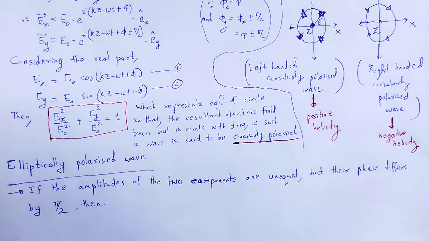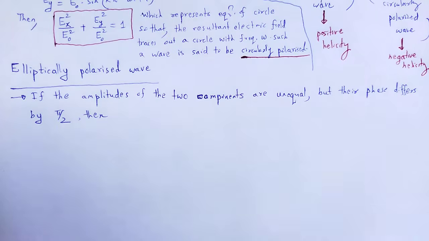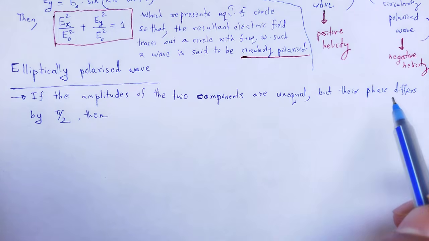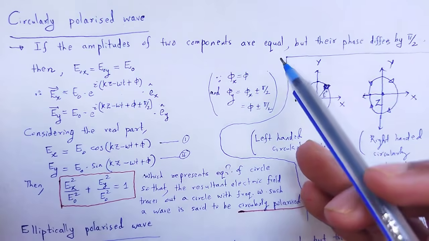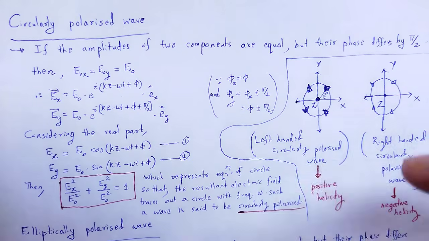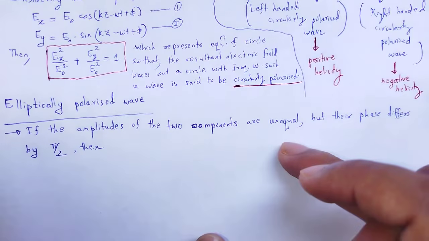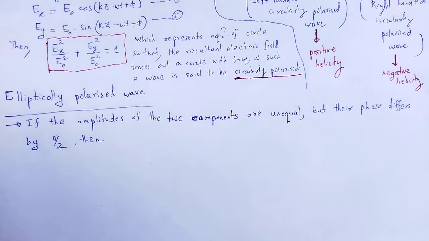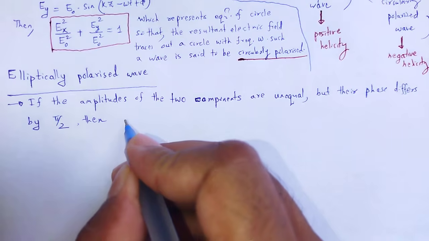Next type of polarization, elliptically polarized wave. If the amplitudes of two components are unequal, but their phase differs by pi by 2. Here the amplitudes are equal, but phase difference is pi by 2, then it is called circularly polarized. If the amplitudes are different, but the phase differs by pi by 2, then we obtain an elliptically polarized wave. How? Mathematically we can show it.